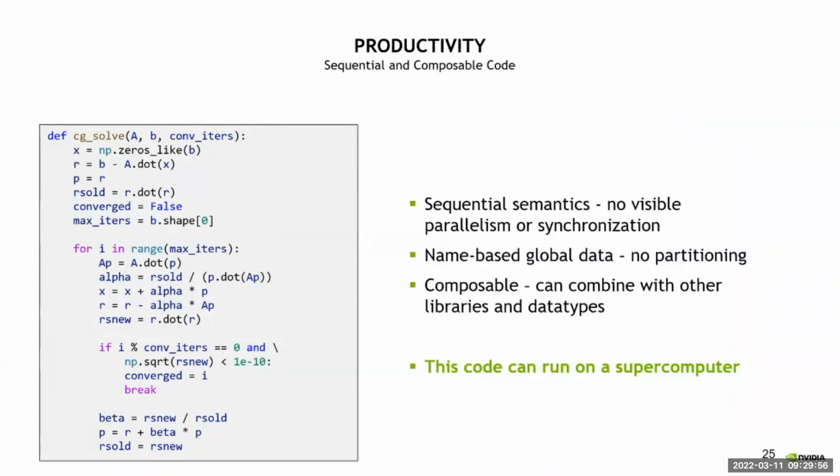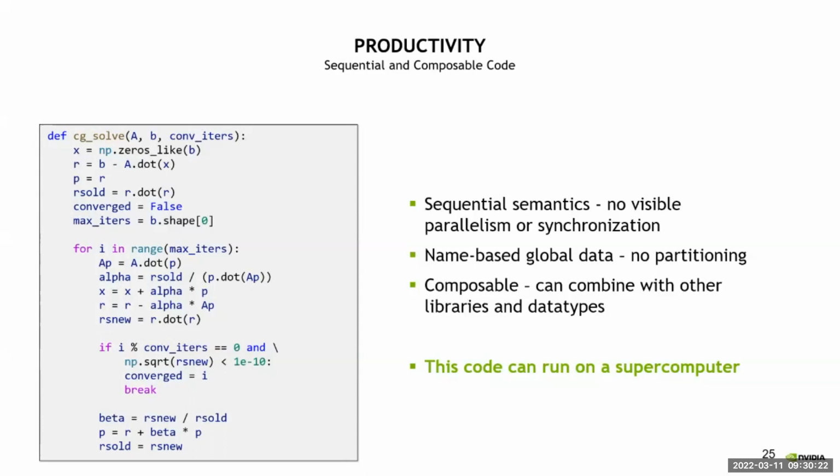So I've said that Python is considered a very productive language. And this code on the left is an example from a real application, and it's doing a conjugate gradient solver. It's using a package called NumPy, which is commonly used for mathematical operations in Python. What you notice here is there's really no visible parallelism or synchronization. There's no partitioning of data or distributing work.